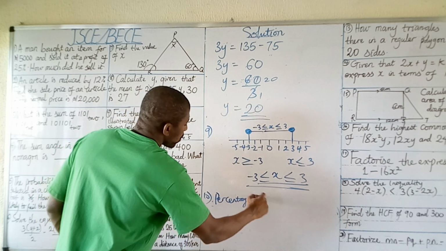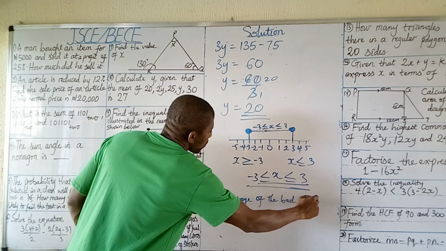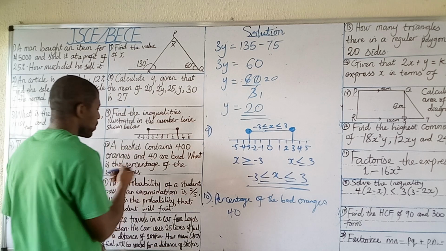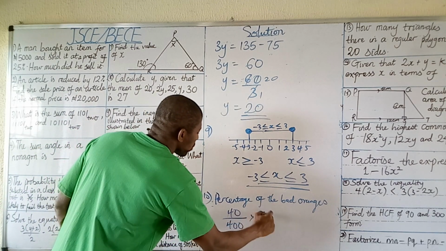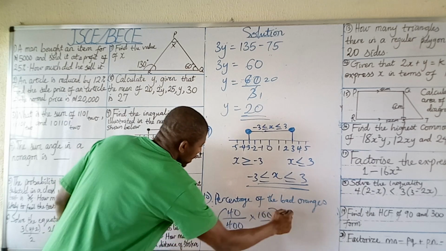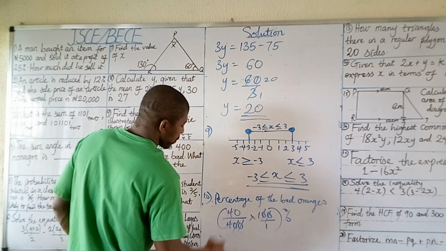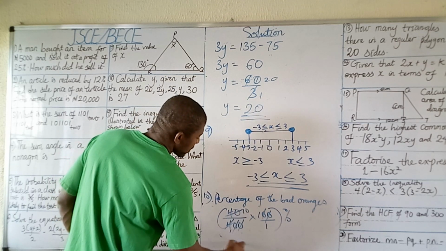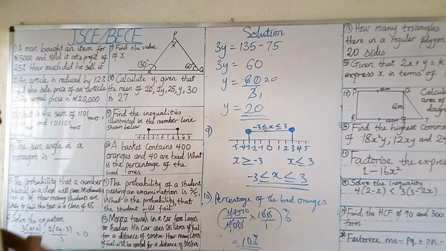This will be 40, which are the bad ones, out of the total, which is 400, times 100 over 1, all in percent. Cancel the zeros, 4 in 40 gives us 10. So our answer is 10%. The bad ones are 10% in number.